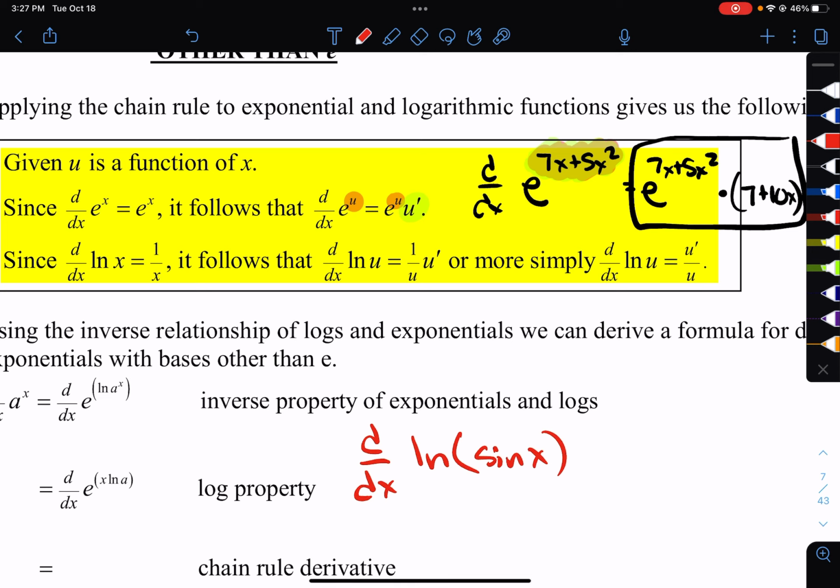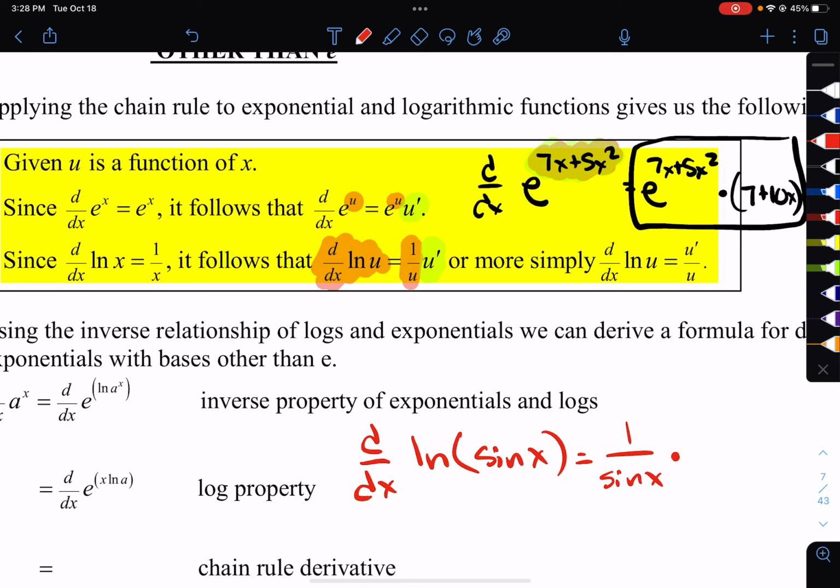So inside my natural log is another function. And my formula is right here. The derivative of the natural log of some function is just 1 over that function multiplied by the derivative of that function. So my function on the inside is sine of x. So I just do 1 over sine of x.